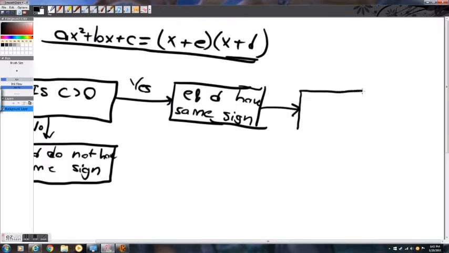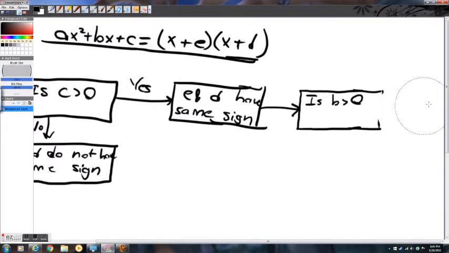If they do have the same sign, then is b greater than 0?